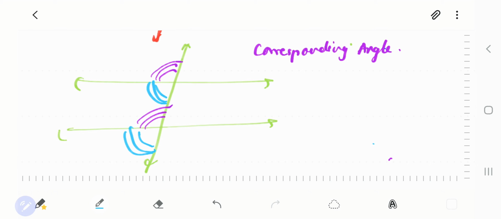Getting my point? One leaving one, on the same side. Clear? So if I am naming this as 1, 2, 3, 4, 5, 6, 7, 8. So what I'll say, angle 1 is equal to angle 5 and angle 3 is equal to angle 7 because they are corresponding angles. Is the point very clear?